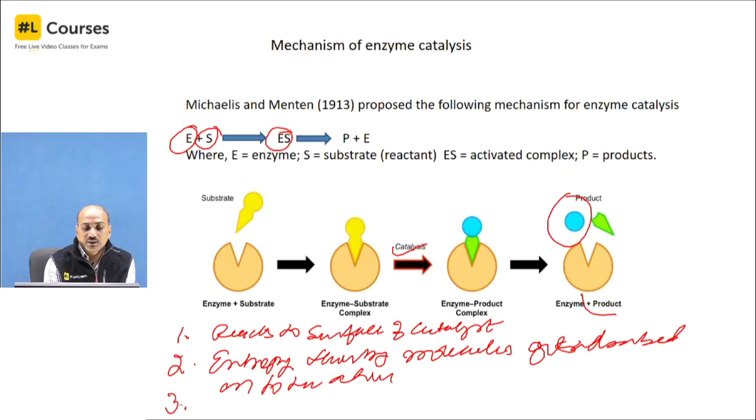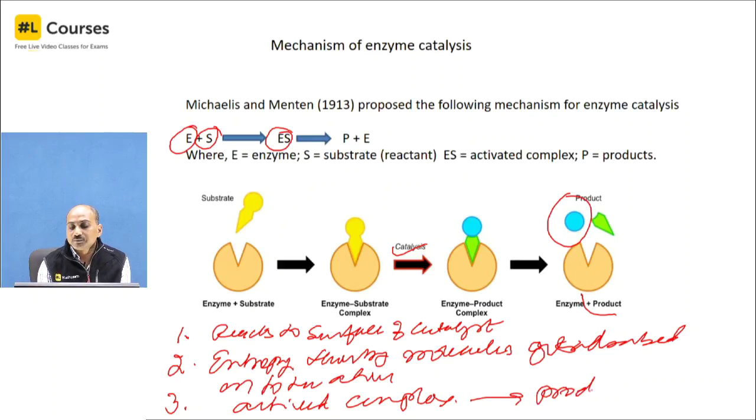Third, there is a formation of the activated complex. Once this activated complex forms, it loses its energy and gets converted into product. Once the product is formed, the next step is dislodging of the product from the active centers, and finally the removal of this material from the surface, or from near the active centers, takes place, so that it makes space for the incoming reactant molecule to come and adsorb, and the process keeps continuing.